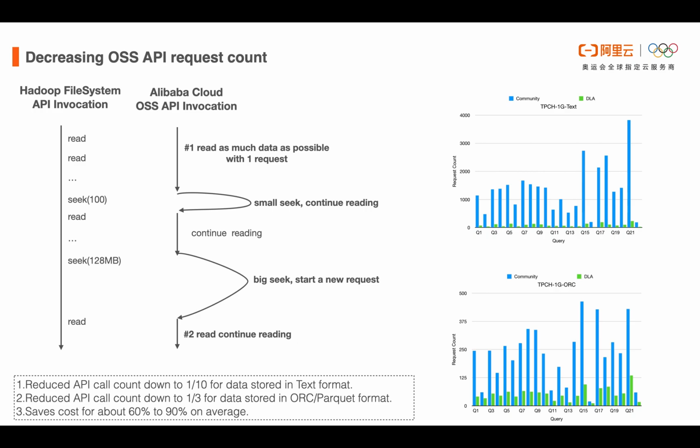After the improvement, the request count was reduced to 1/10 on text format and 1/3 on ORC and Parquet formats.